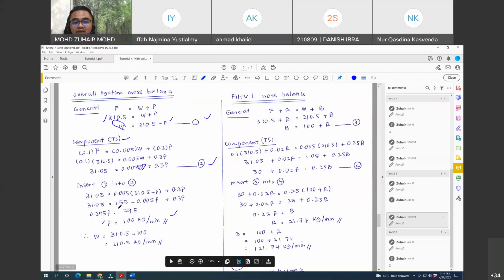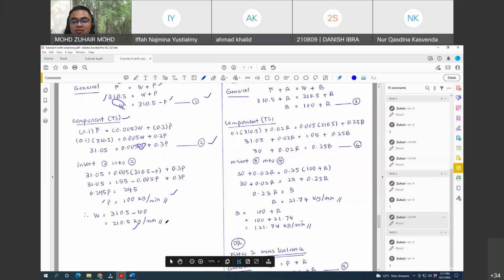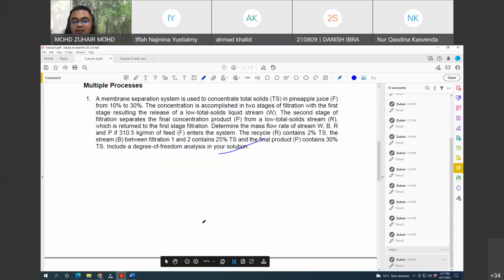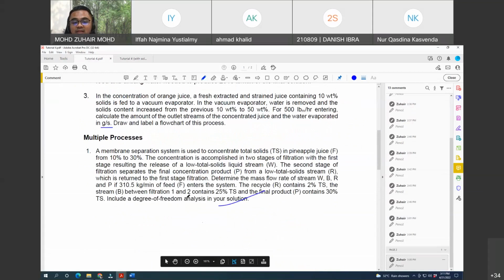And then from here, you go back to equation 1. We have F, and we have P, so W is equal to 210.5 kg per minute. Even the question did not ask you to change the unit, right? So the final answer will be kg per minute.